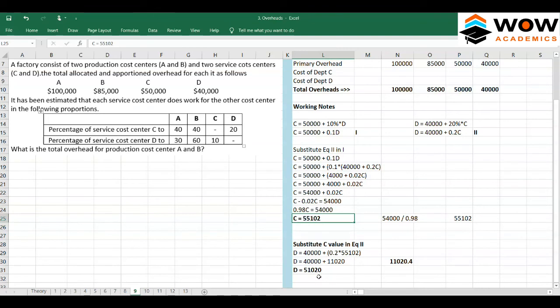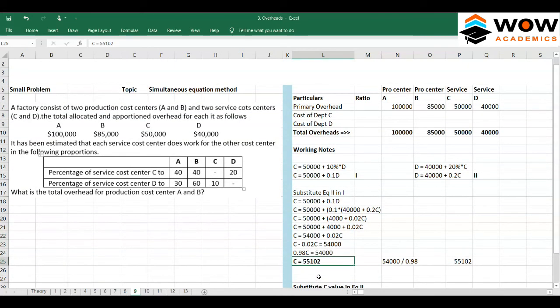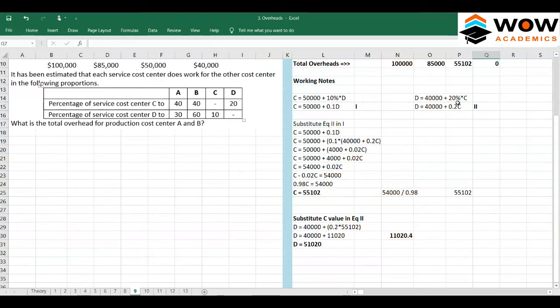So now we just have to allocate the C value and D value to the other departments. C value is not 50,000 and D value is not this. It is going to be 55,102 and 51,020.